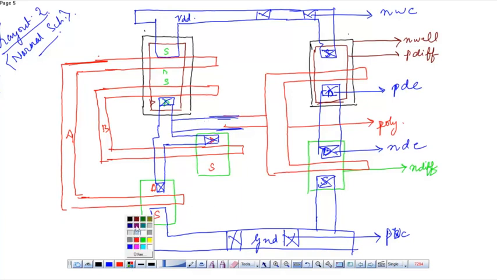These two are connected now, and we have to place the poly contact.